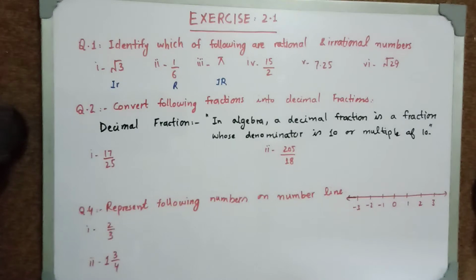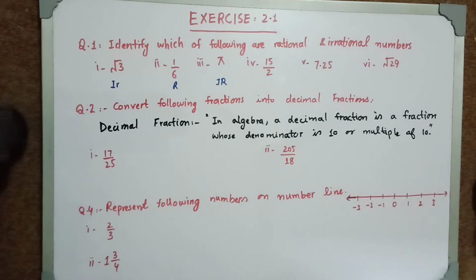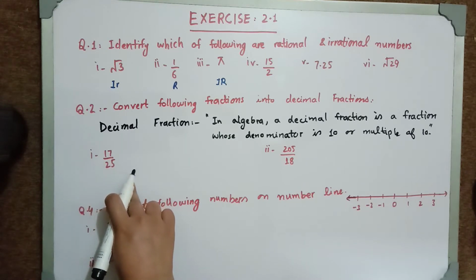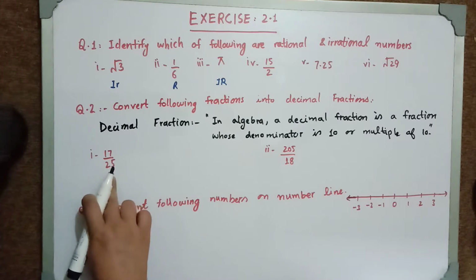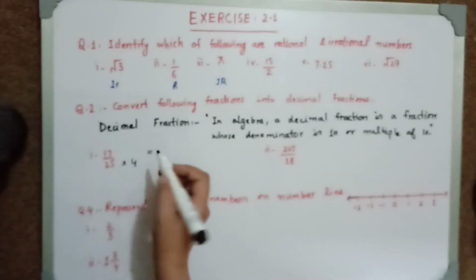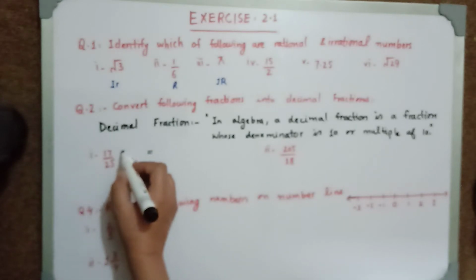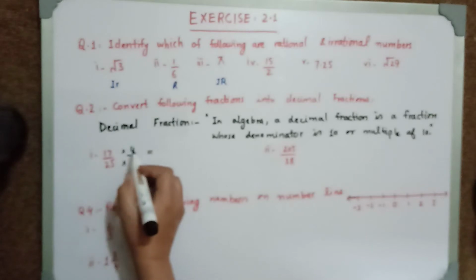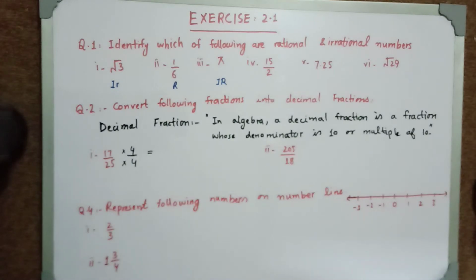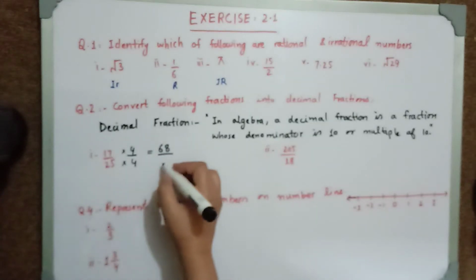So let's do that. In question number 2, first part, we have the fraction 17 over 25. It's very simple. We're going to convert the denominator into 100, and we know that if we multiply 25 by 4, the denominator will be 100, right? So I'm going to multiply it by 4. If we are multiplying a fraction by a number, we also multiply both numerator and denominator by that number. 17 into 4 will be 68, and 25 into 4 will be 100.